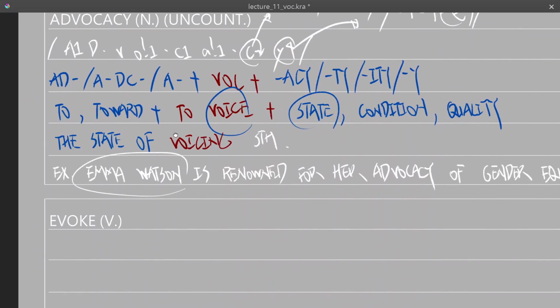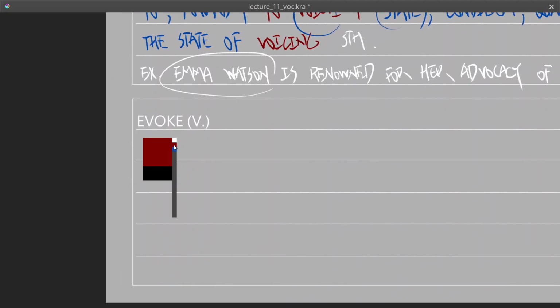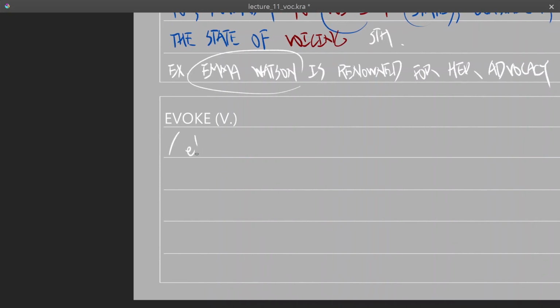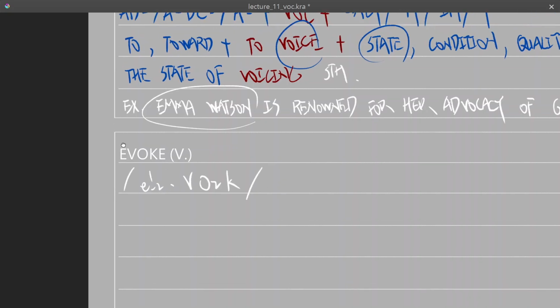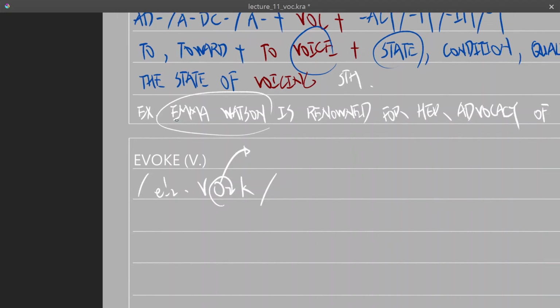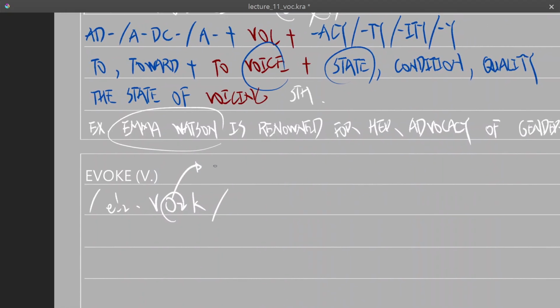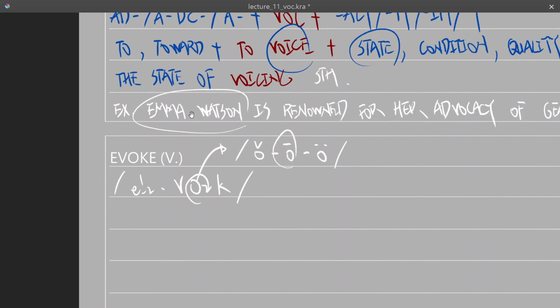All right, next we have evoke. Evoke. That's the second sound of a, o, u.